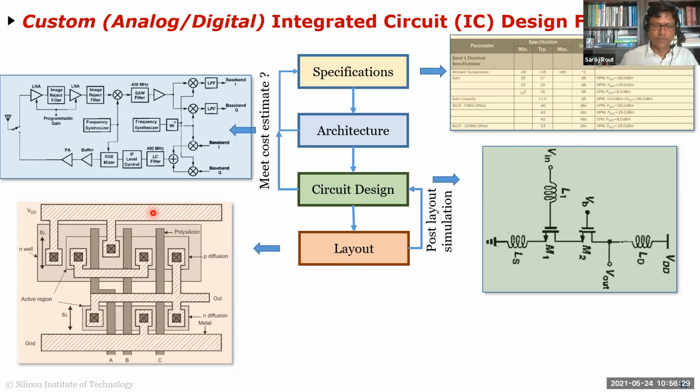Okay, specific figures based on the rules the foundry house gives you. So that's why I told you that you have to know a technology when you start designing this, because it's very closely related to what you're designing. Once you do this, what you do is what's called post layout simulation. There are a lot of things which are not available to you in this circuit, and they're usually what's called parasitic.